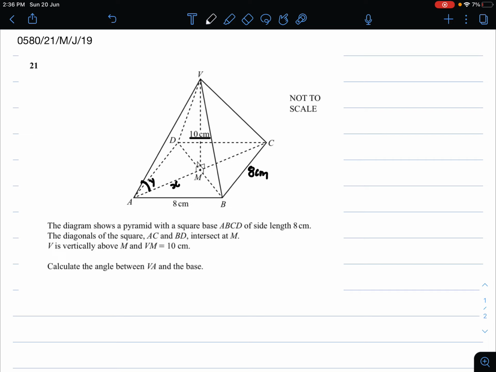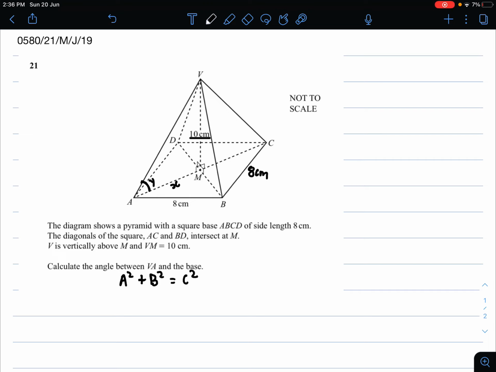So how we can find AC is by finding the hypotenuse of ABC. The formula would be a square plus b square is equal to c square.